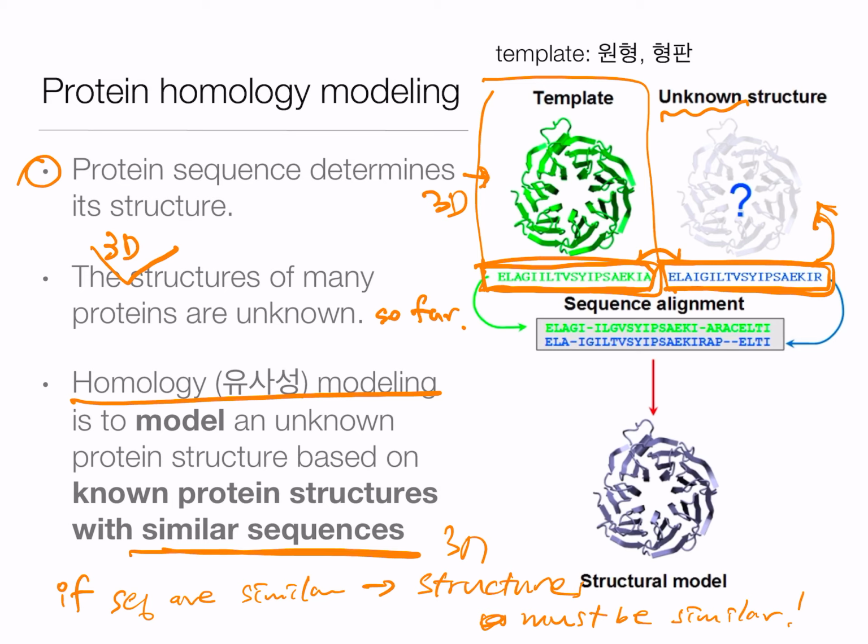Then you think, this sequence is very similar to mine, and I know this 3D structure, so I assume that the structure of my protein, the blue sequence, will be similar to this one. So I start from this structure and model the 3D structure of my sequence based on this. That is what we call template based.